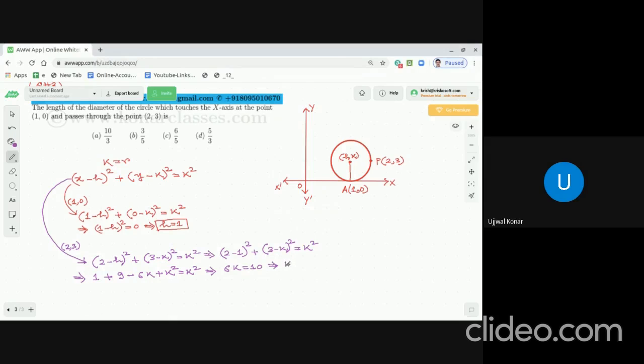Now what is the radius? Radius is equal to 5 by 3. So obviously the diameter will be 2 into k. So this implies diameter is equal to 2 into r, that is equal to 2 into k. So that is 2 into 5 by 3, that is equal to 10 by 3 units. And we get the correct option as option A.